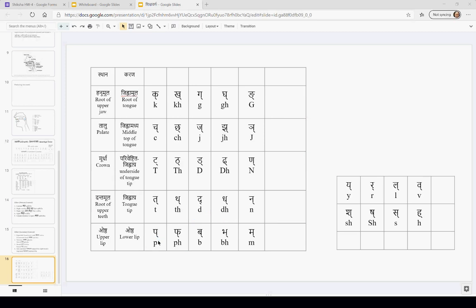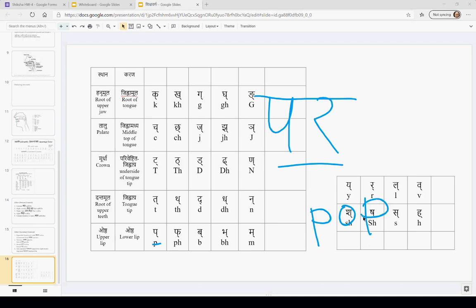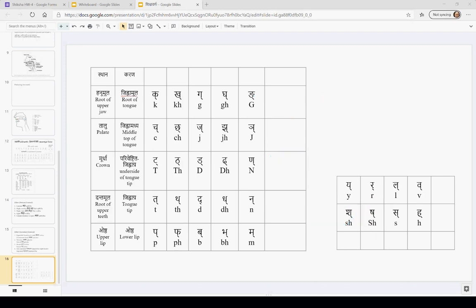Pa, like for example para. Pa is simple, like pop or something like that, without the element of ha in it. When we are saying pop in English, we may be adding the ha sound, but this is without the ha sound.